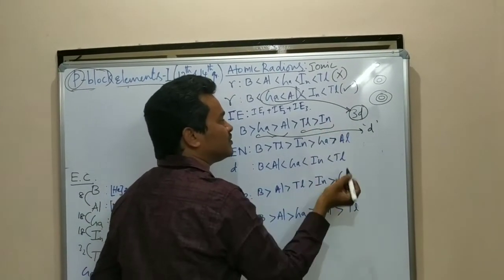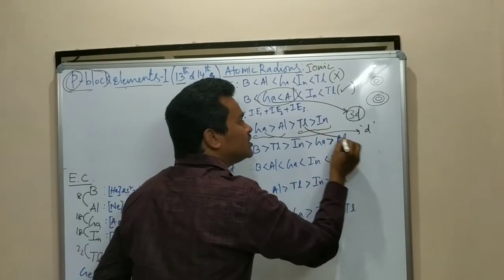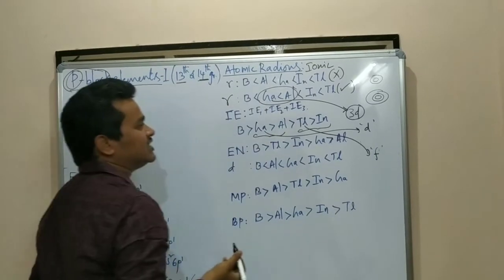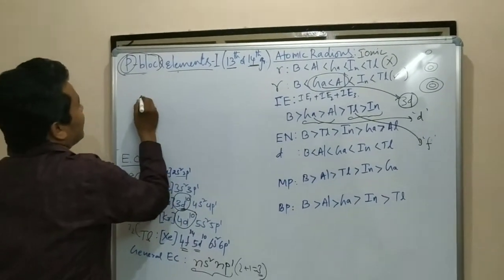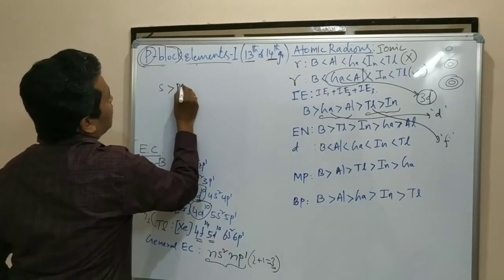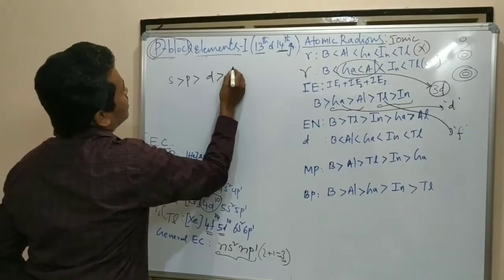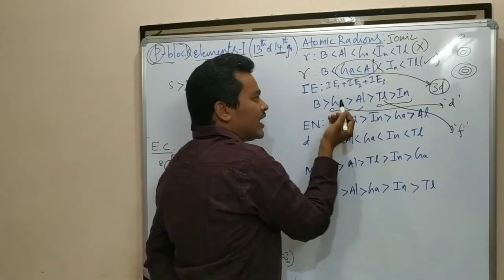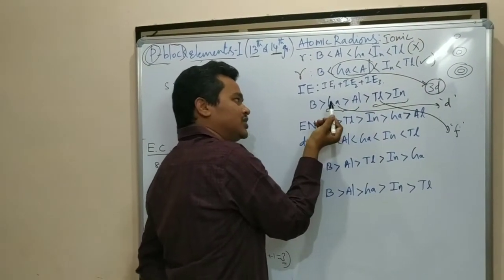Here the order reverses because there is a poor shielding effect in thallium due to the F orbital. Shielding effect order: S can shield more, P can shield more, D can shield more than F. So in these two, gallium has a poor shielding effect.